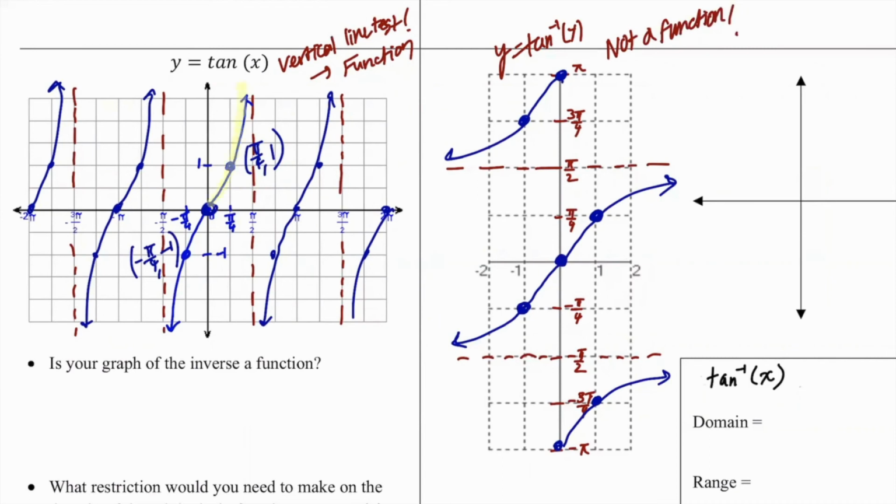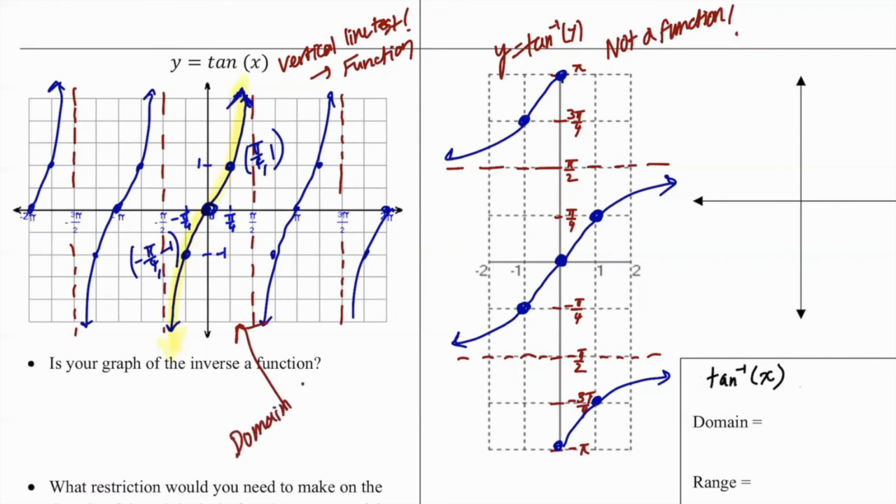But this time, because pi over 2 is an asymptote, it's going to be all the extension up here. It's going to keep going. You have an arrow. And then you need all the outputs from -1, but since this graph keeps going down this way, you're going to keep going down this way as well. So your domain restriction for tangent is right here.